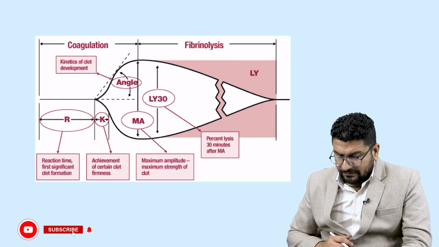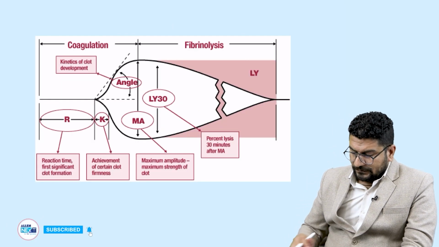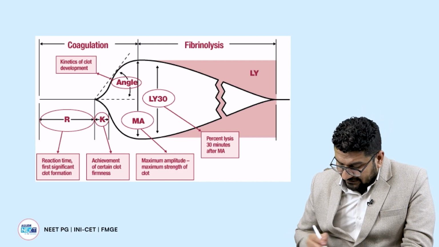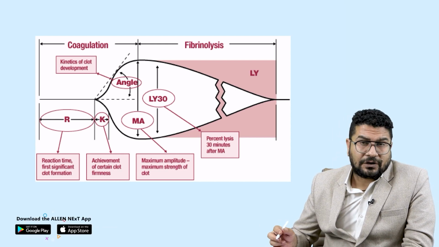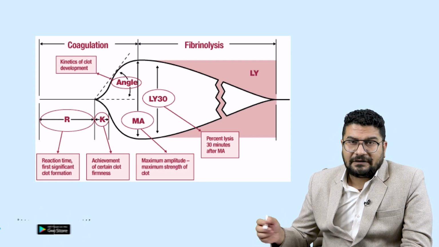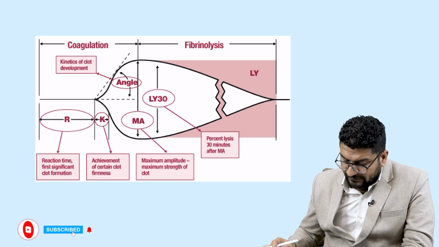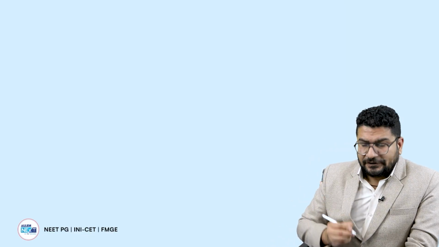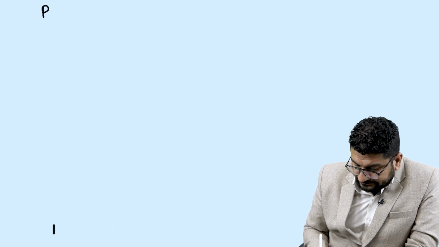Now they may ask you some basic questions like how to study this. For this we have certain important components: R time, K time, the alpha angle, then maximal amplitude and Ly30. These are the basic 5 components, and you have to remember them in sequence. First is R time.